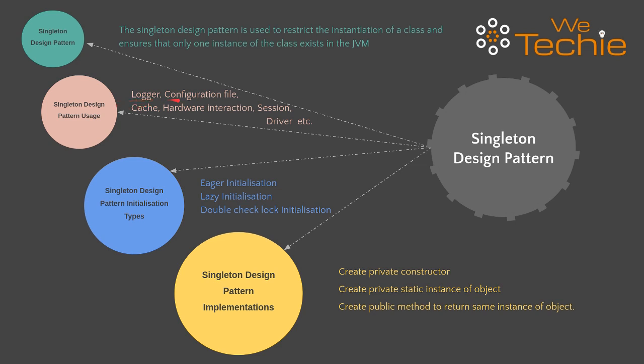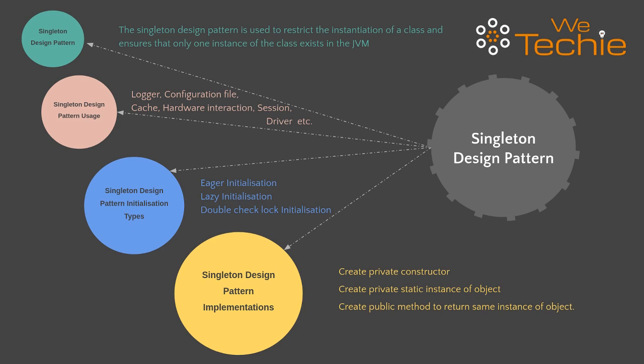Now the second one is the configuration file. Using the singleton design pattern, we have performance benefits as it prevents multiple users from concurrently accessing and reading the configuration or property file. The application reads the configuration file only once, and from the second call onwards, client applications read the data from an in-memory object.